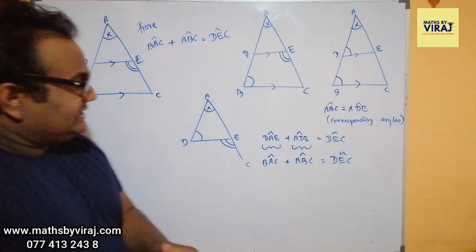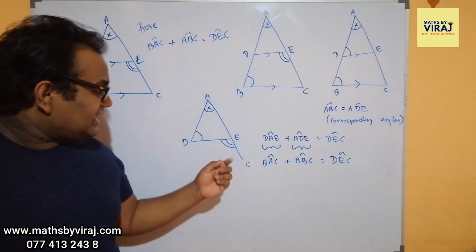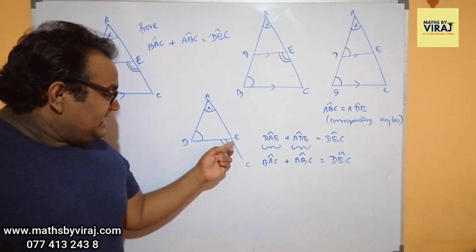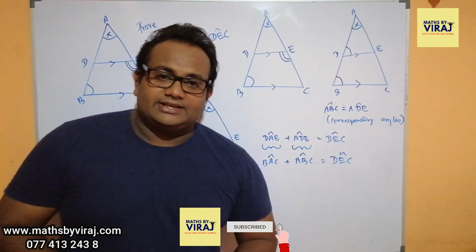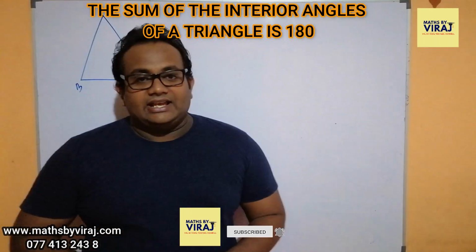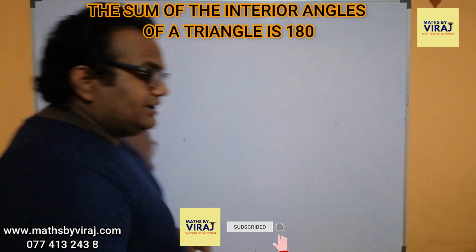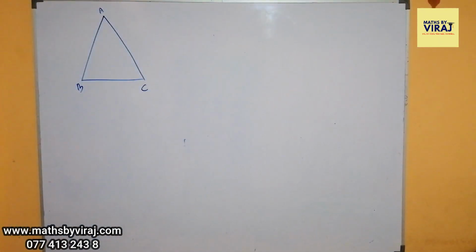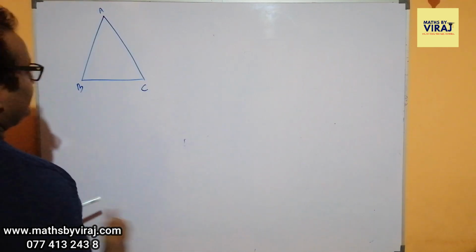So the basic theory that we have used is here the exterior angle is equal to the addition of the two interior opposite angles. The total value of interior angles of a triangle add up to 180. Right. This is the proof of it. Now children, let's look at this. This is a normal simple triangle.